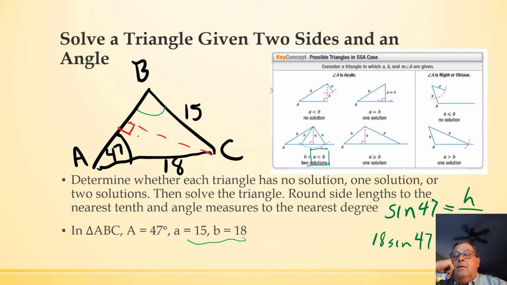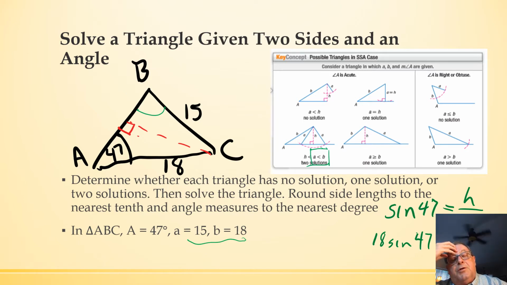However, if we are going to have two solutions, the height of the triangle must be less than side a. So over here in the green, we calculated the height. I sketched in an altitude, perpendicular to side AB, which creates a right triangle.